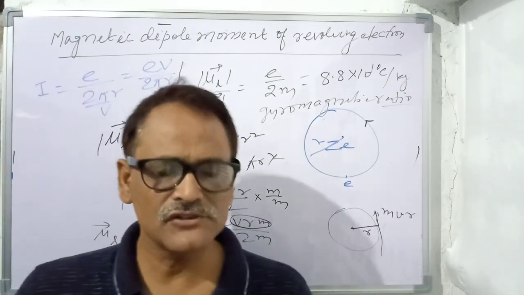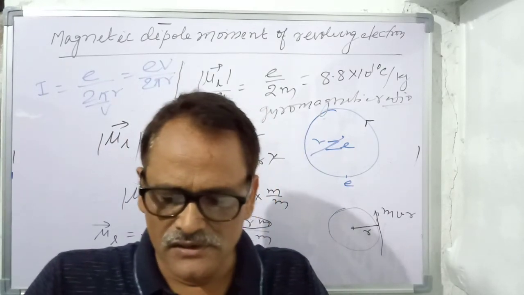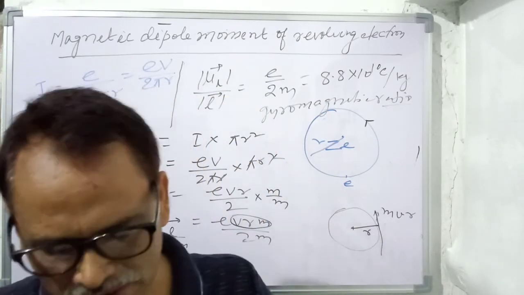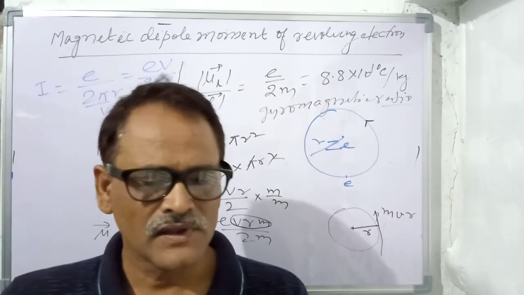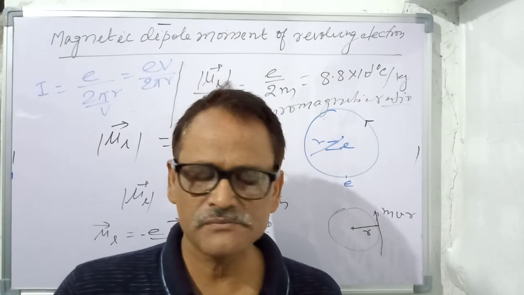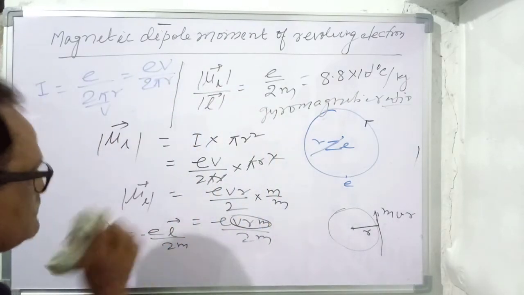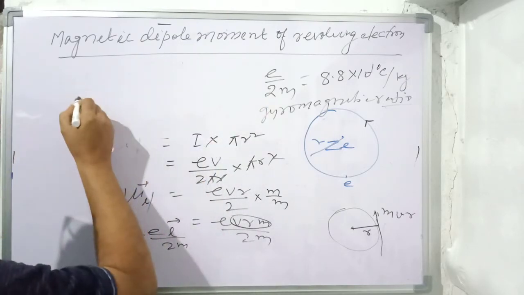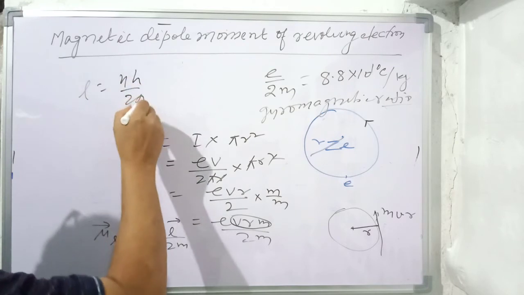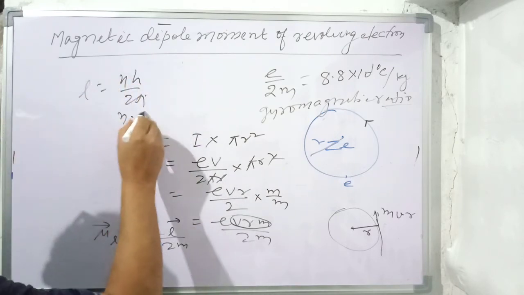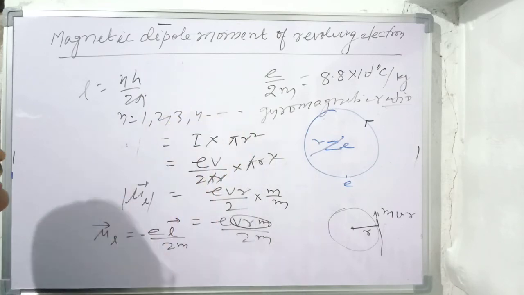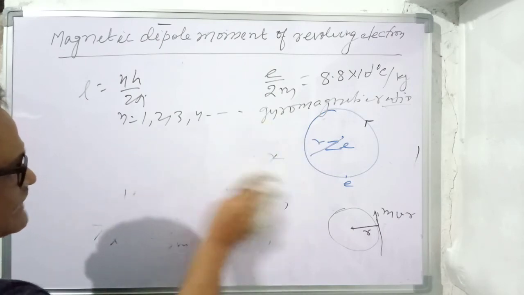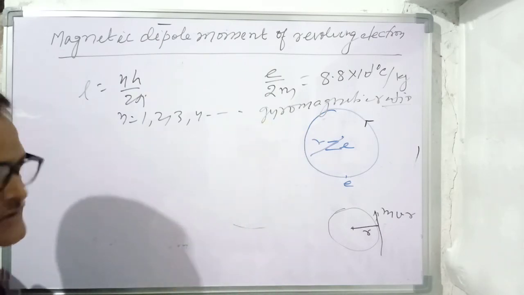Now I am going to use the atomic hypothesis of Bohr. As per the Bohr atomic hypothesis, the angular momentum is represented by nh by 2 pi, where n is equal to 1, 2, 3, 4, and h is Planck's constant, and 2 pi is 3.14 times 2.